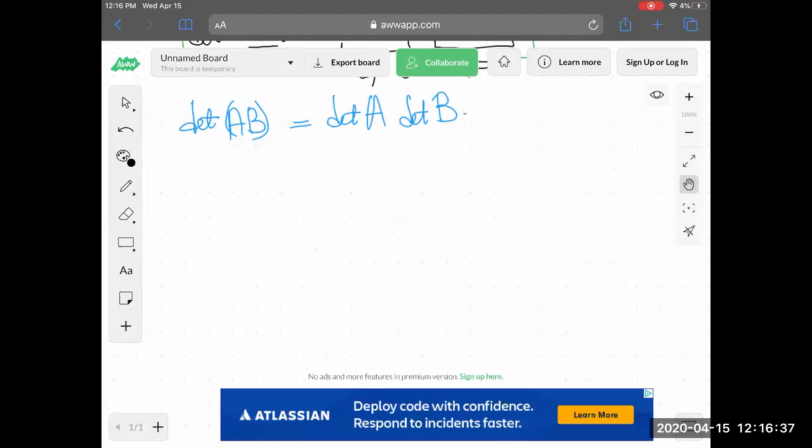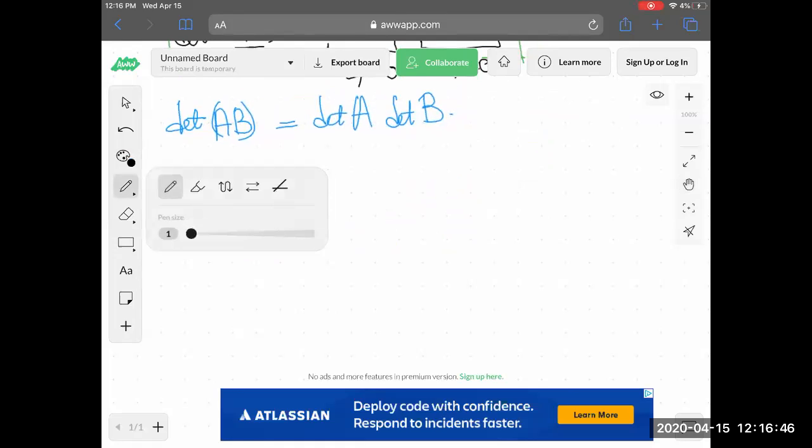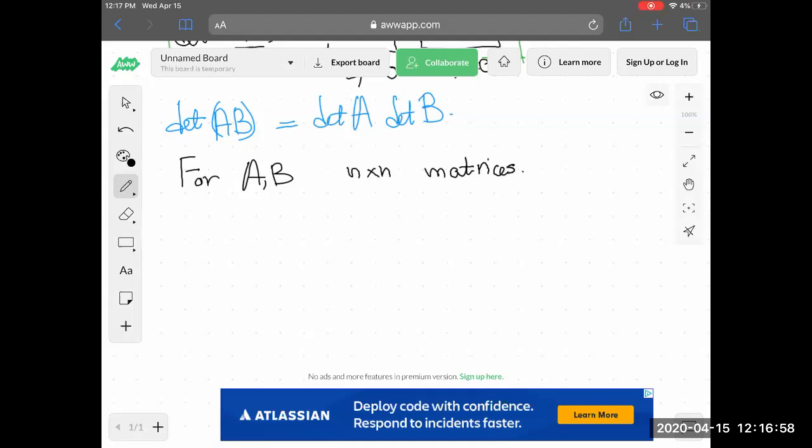In general, this is correct for A and B being any n by n matrices. The proof in general is a little bit hard.